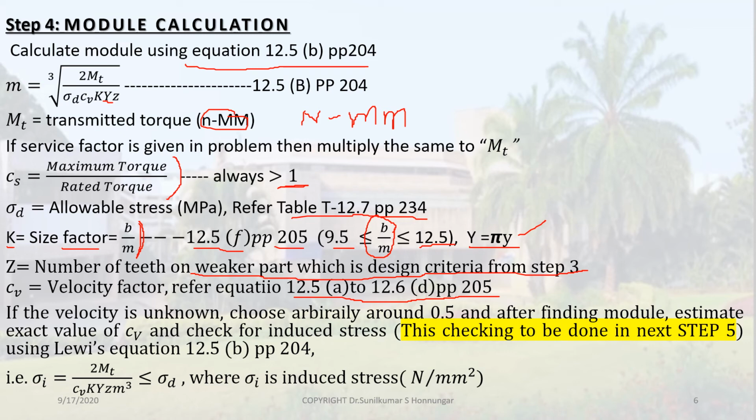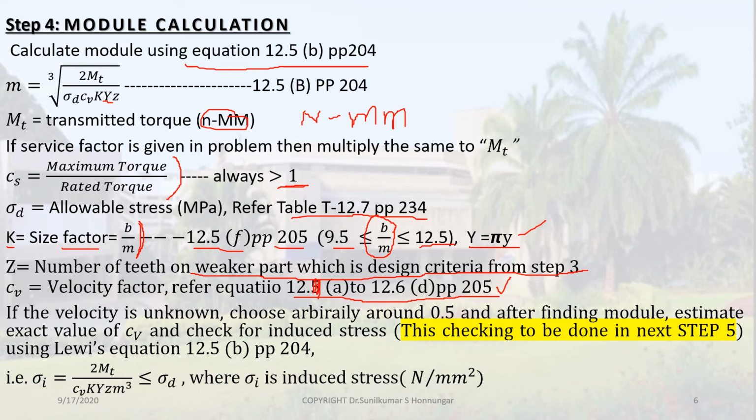For non-metallic gears, everything is given as CV value in 12.6 A, B, C, D up to E. I think it is 12.6a only; there is again a typo mistake, it is not 12.5, it is 12.6a. Please make a correction; the page number is correct, it is 205.